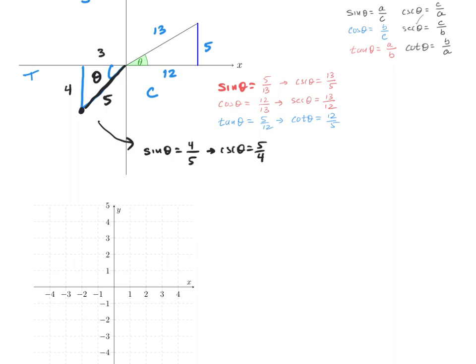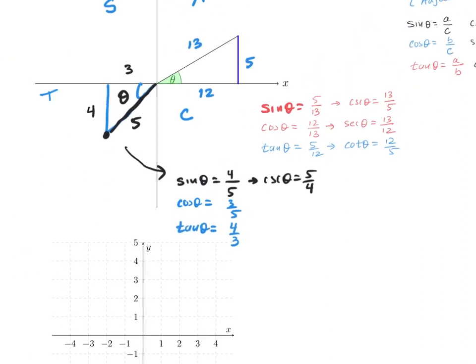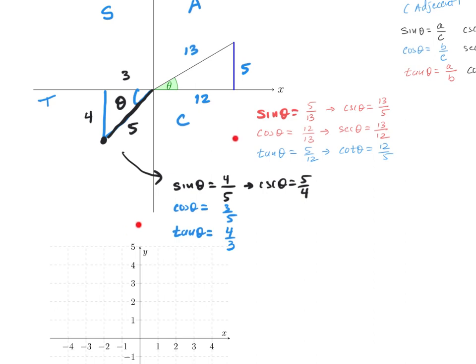Now, cosine will be the adjacent, which is 3, over the hypotenuse, 5. And then tangent will be the opposite, 4, over the adjacent, 3, so it should be 4 over 3.